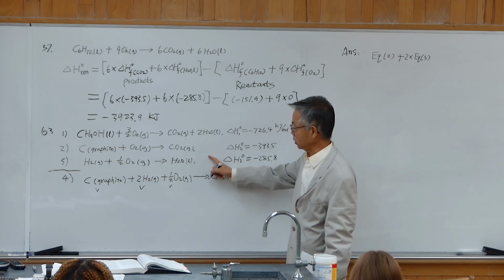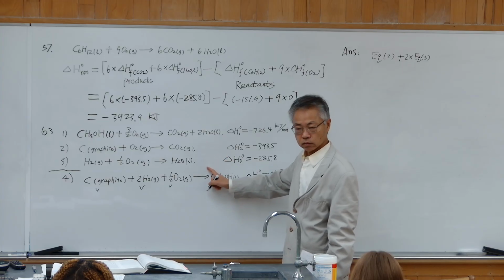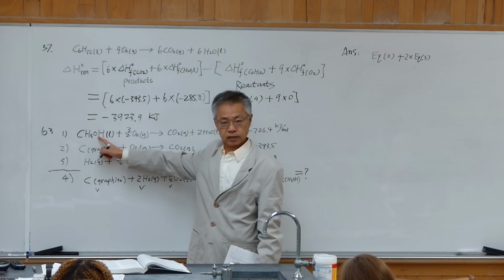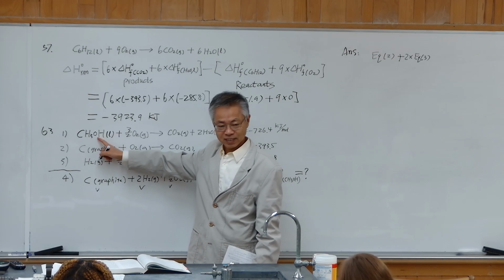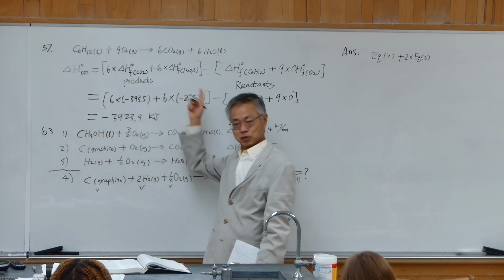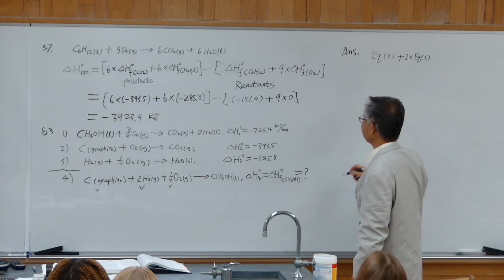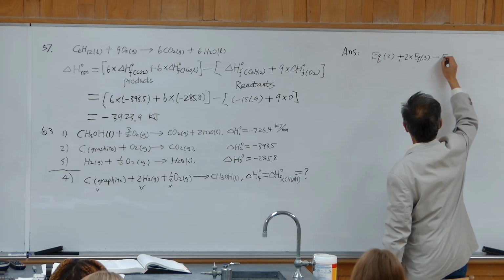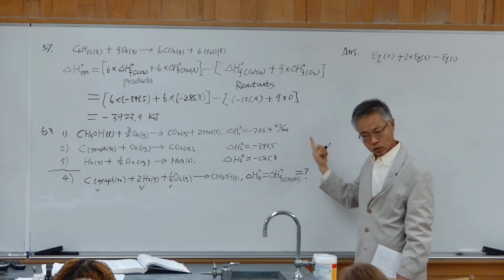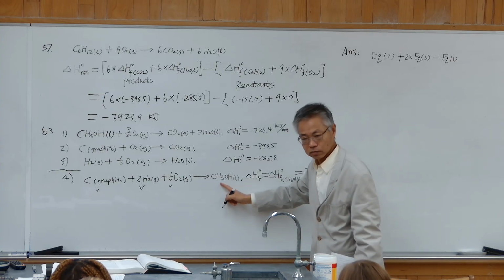Which equation has methanol? Equation 1. But in equation 1 methanol is a reactant on the left side. So minus equation 1 moves it to the right side as a product.